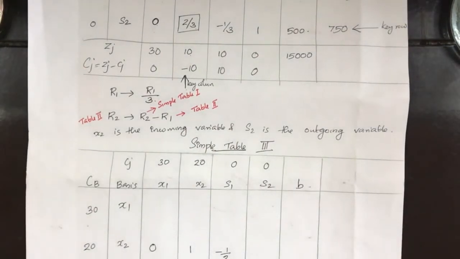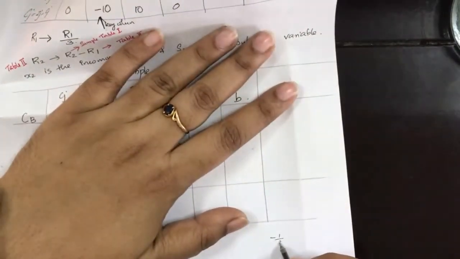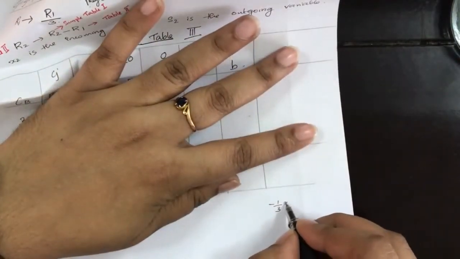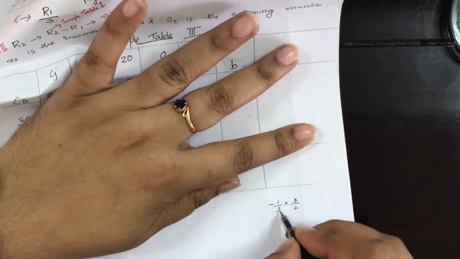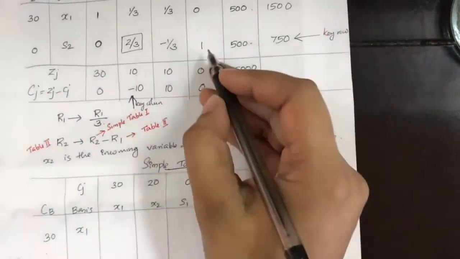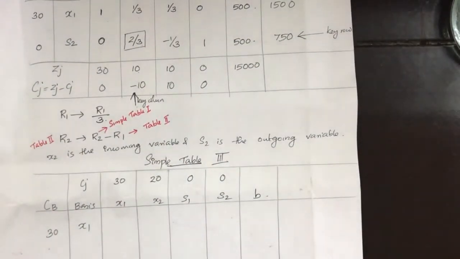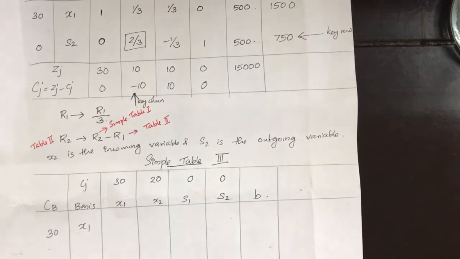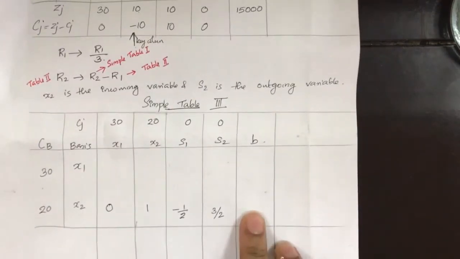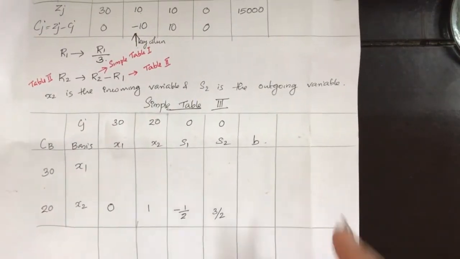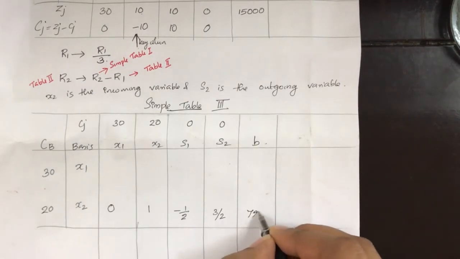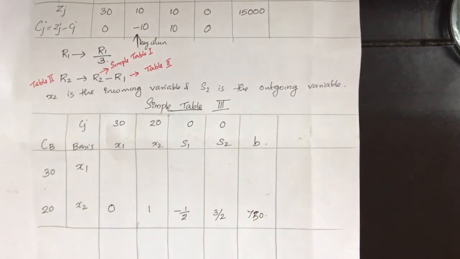If you have any doubt, please write it here. Then 1 into 3 by 2, 3 by 2. Also for column B, 500 into 3 by 2, 750.